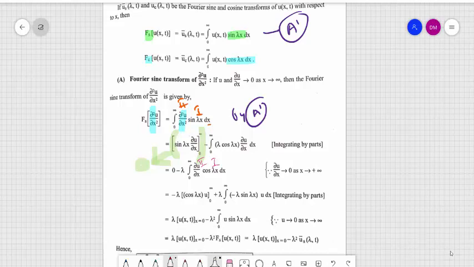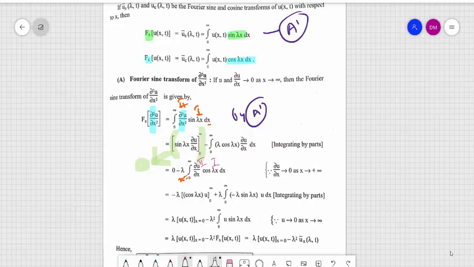So the upper limit is 0, and the lower limit is here. Note that at x equal to 0, cos 0 is 1, so we can take this as u(x,t) at x equal to 0, or u(0,t). But this is also good notation.